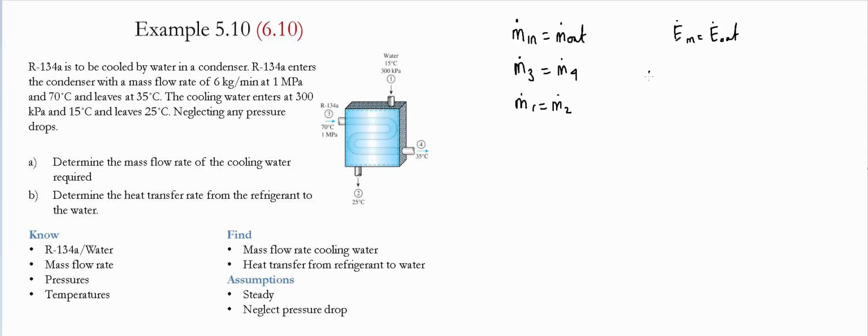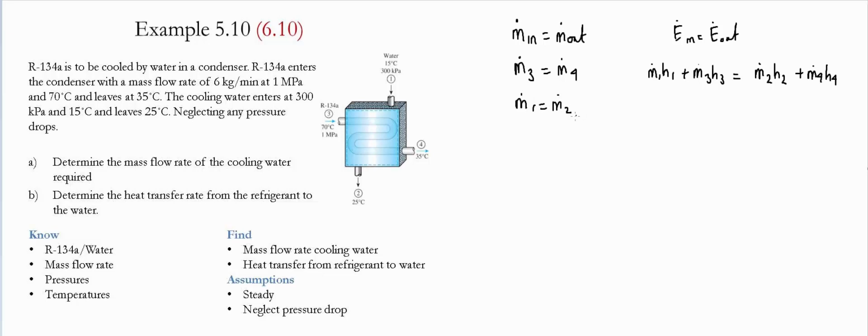So we simply set the mass flow rate at 1, H1, plus mass flow rate at 3, H3, those are the ones going in, is equal to the mass flow rate leaving for H2, plus mass flow rate for H4. So this is for the water, this is for the refrigerant entering, and this is for the water and the refrigerant exiting.